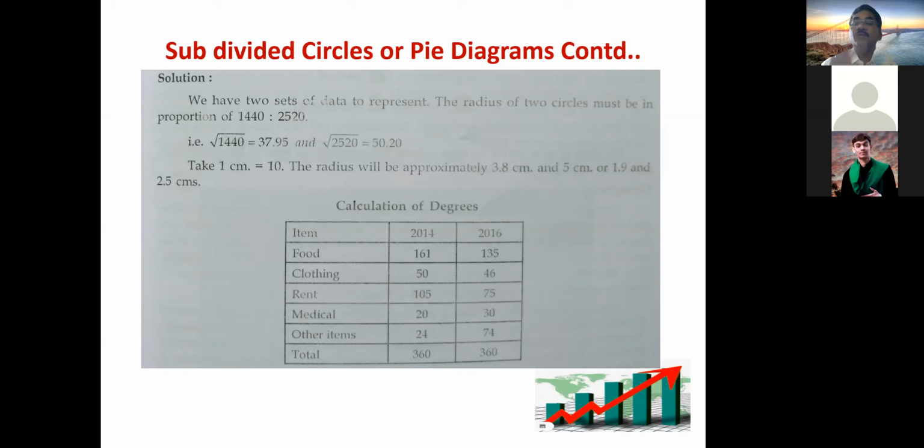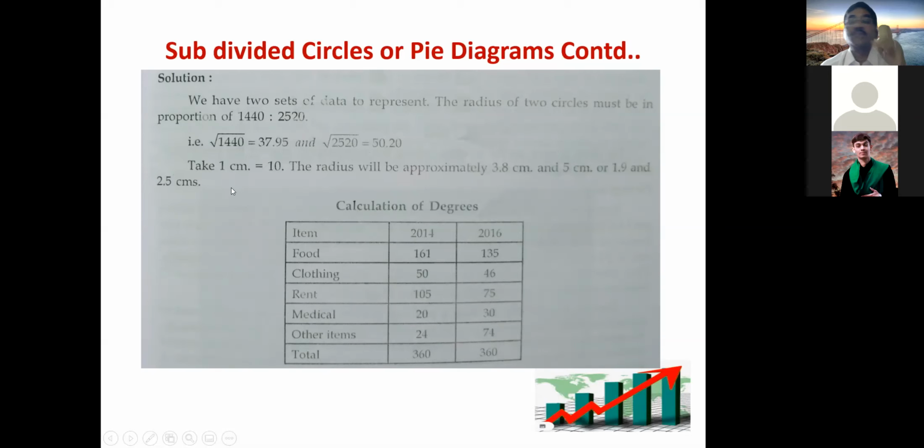Radius means how much space we require. The radius is for 1440 for one diagram, and for 2520 for another diagram. So the square root of 1440 comes to 37.95, and the square root of 2520 is 50.20.